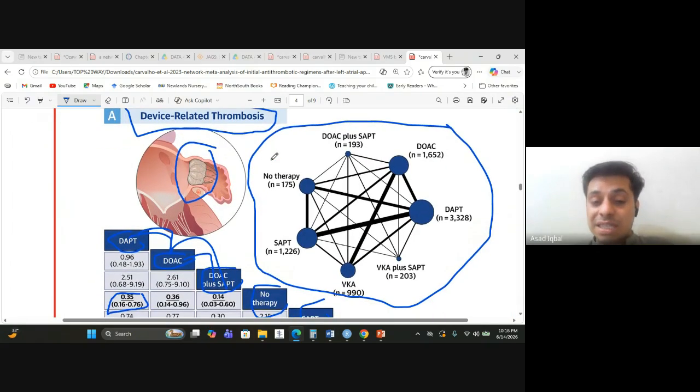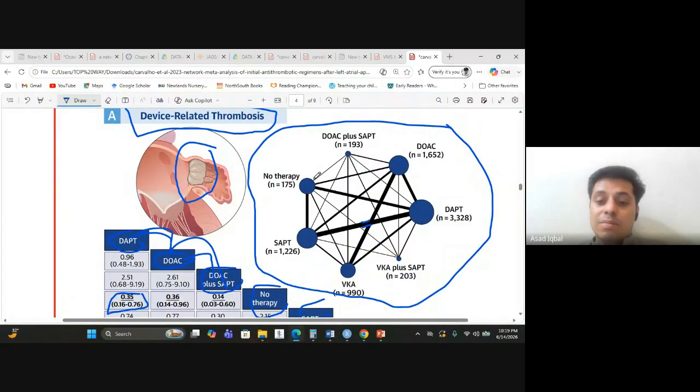So for this specific outcome, we have 1, 2, 3, 4, 5, 6, and 7 nodes. This one thing is called a node. Here the sample size of patients contributed to each node, and the width of the line represents the number of studies.